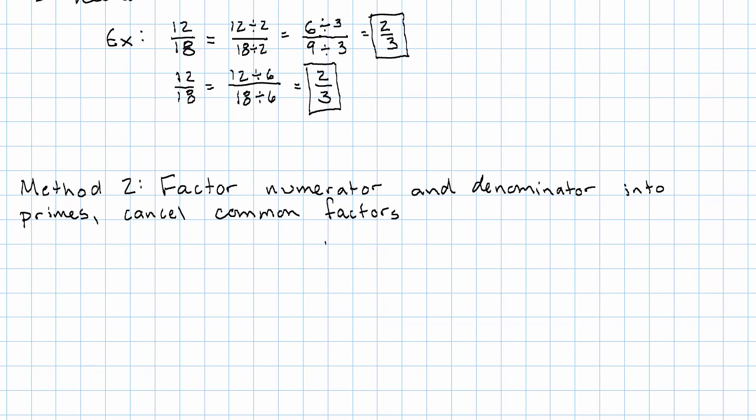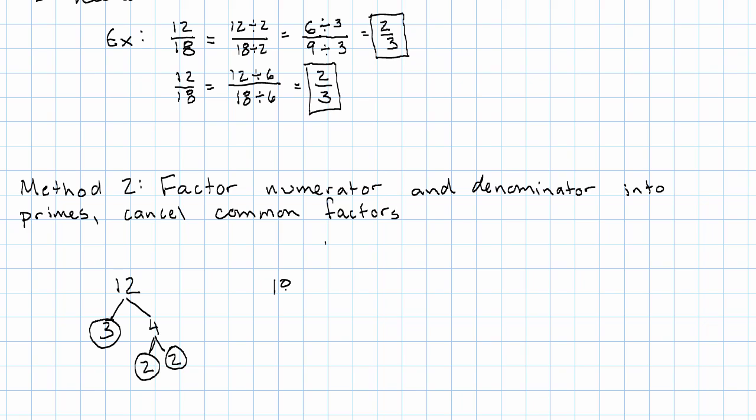To factor into primes, we typically use a factor tree. So, to factor 12 into primes, we might say, well, 12 is 3 times 4. 3 is prime, but 4 is 2 times 2. 2 is also prime.